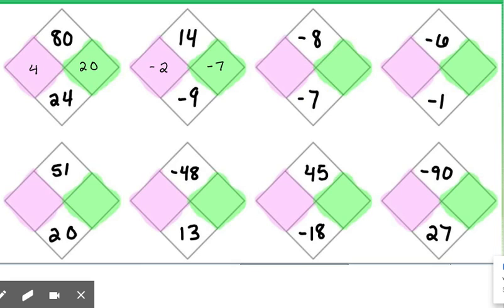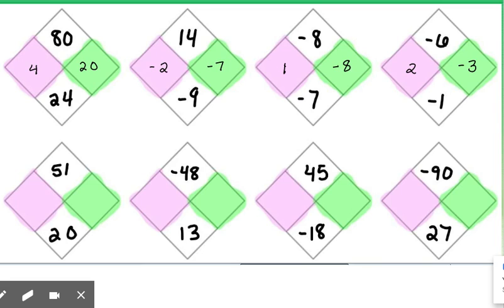Negative 2 plus negative 7 is negative 9. For this third one, I should have 1 times negative 8. 1 times negative 8 is negative 8. 1 plus negative 8 is negative 7. The fourth one, I should have 2 times negative 3. 2 times negative 3 is negative 6. 2 plus negative 3 is negative 1.